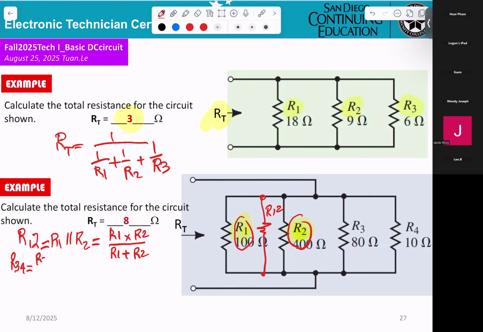R3, R4. After you're done, you get a resistor here, R34.